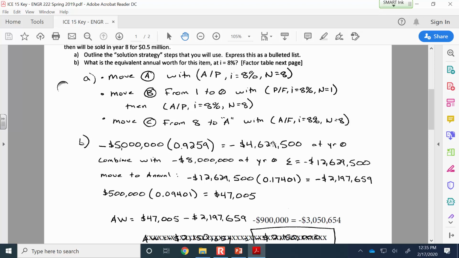I think it's a good habit to not only write down the amounts, but also write when the amount is. So, for example, this 5 million.